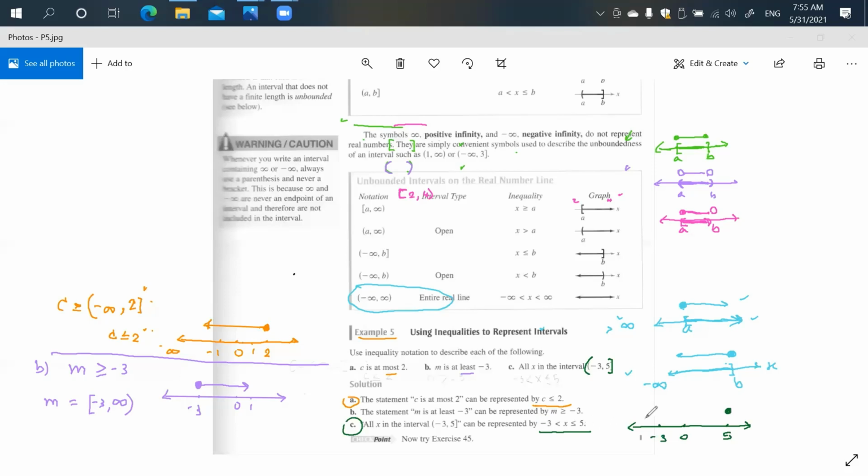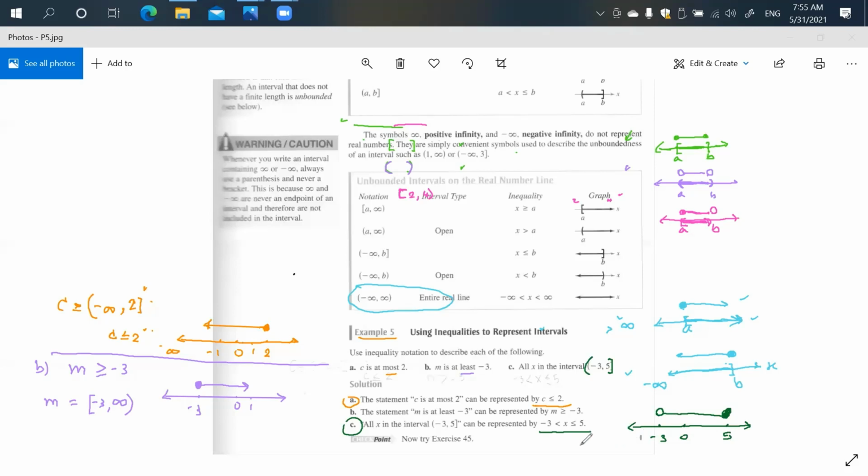Then -3 is open because there is no equal sign, you see? So -3 gets an open dot, and then you draw one line joining these two values.